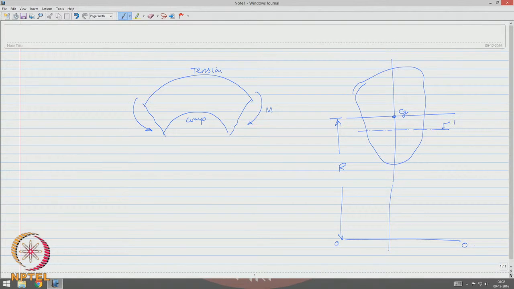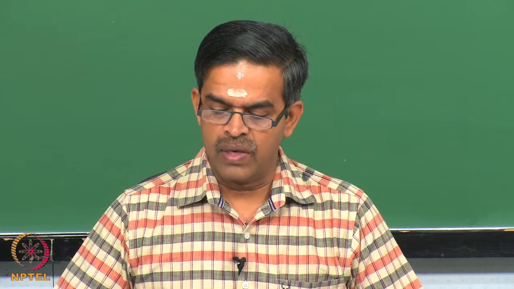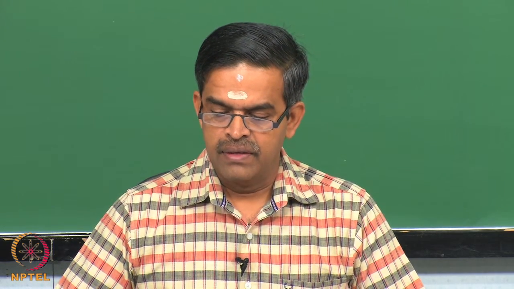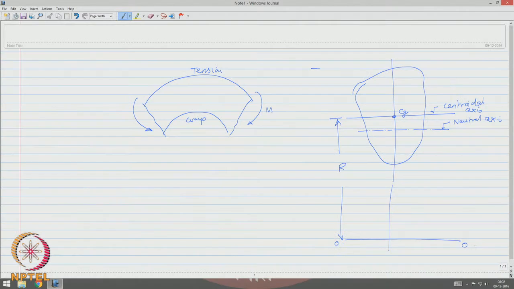So, this is my neutral axis, this is my centroidal axis. With curved beams of large initial curvature, we have already said that the centroidal axis and neutral axis will not coincide, and the stress variation along this section is hyperbolic.